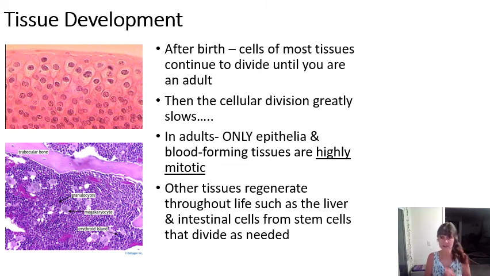There are other tissues that will regenerate throughout our life, such as liver cells, and intestinal cells from stem cells can divide as needed. So there are some stem cells in different areas of our body. We actually have some stem cells in our nasal epithelium. And so they'll divide as needed.